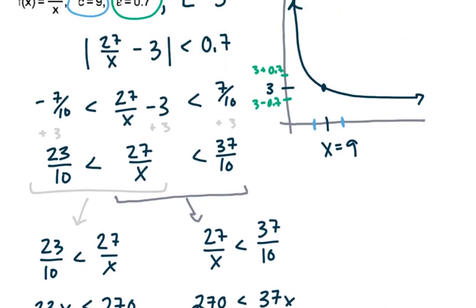All right, so we can be 9 minus 270 over 37 on that side, or over here, that would be 9 plus 270 over 37. So adding that value.